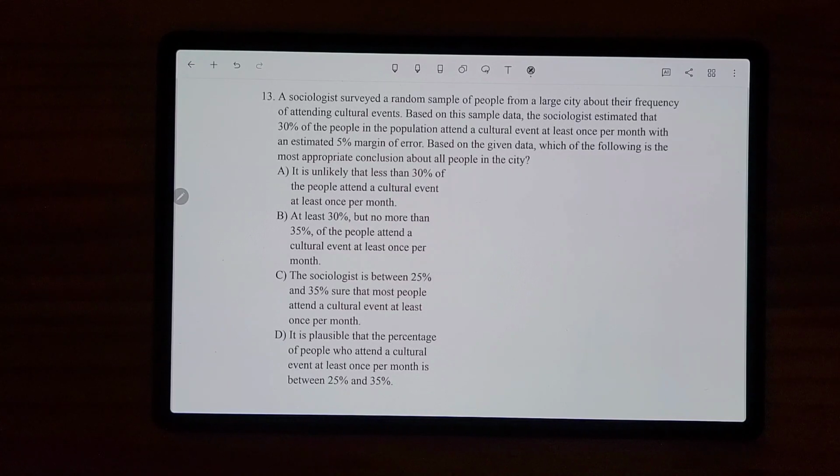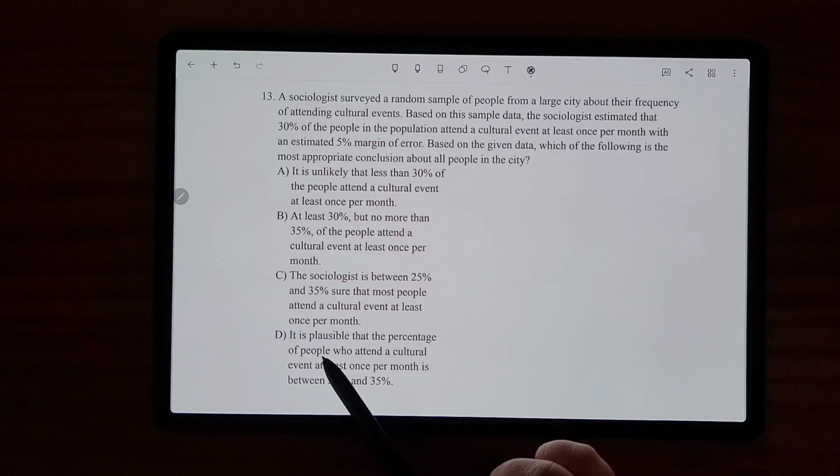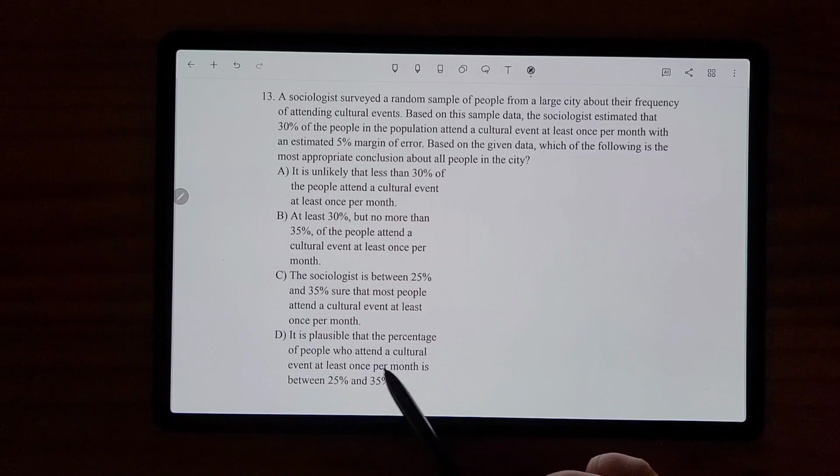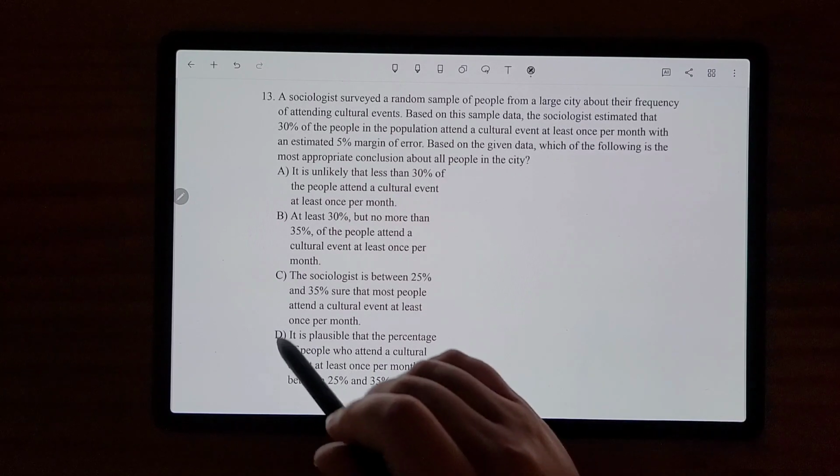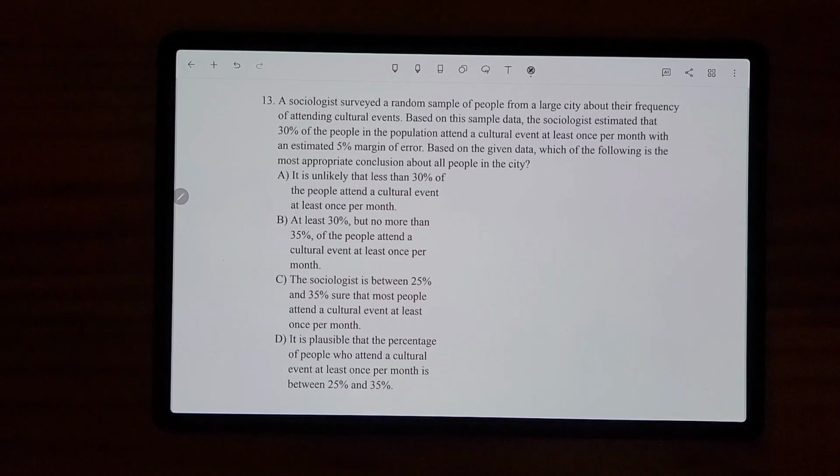It's plausible that my estimate is going to be off by 5%, not that I'm that percent sure. It's not saying that. It has to do with the actual estimate value. So it would be D. It is plausible that the percentage of people who attend a cultural event at least once per month is between 25 and 35%. So that's the correct answer.